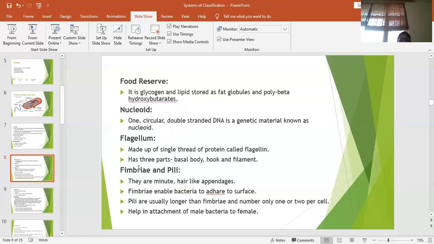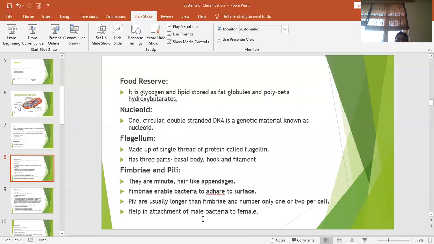Now, these are two different structures. When this hair-like structure is used to adhere to the surface, it is known as fimbriae. But when these structures are used to attach with another bacteria, it's known as villi or sex villi.